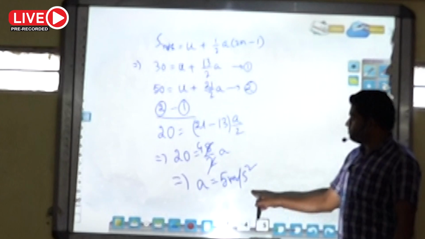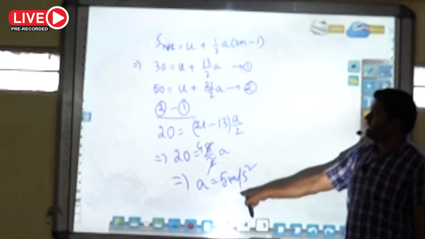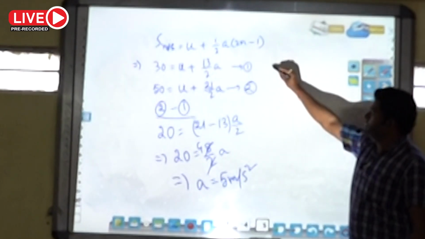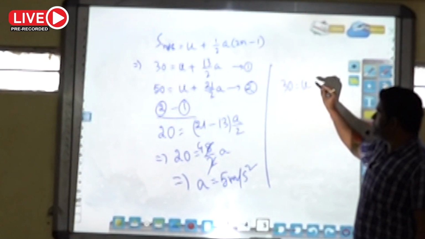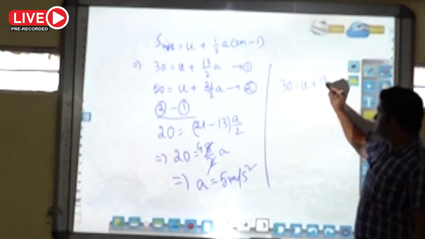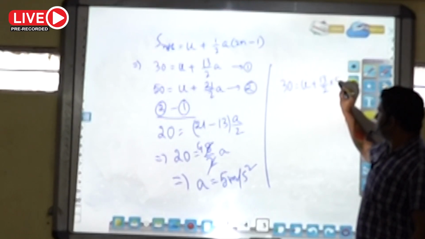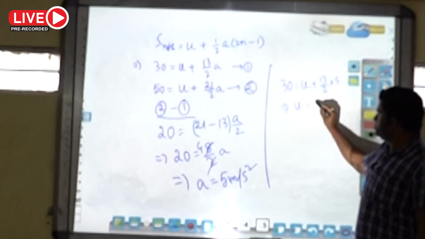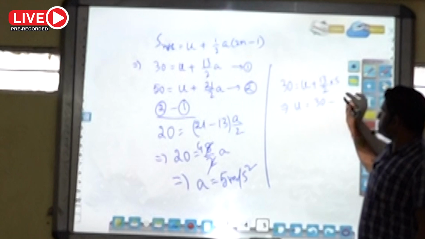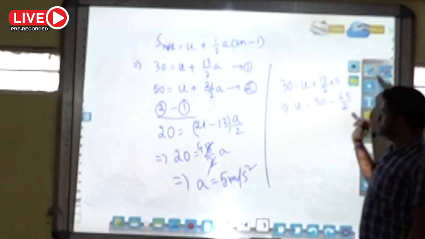And just now put this value 5 in any of the equation. So I put it in equation 1. So 30 equal to u plus 13 by 2 into 5. So this will be u equal to 30 minus 65 by 2.